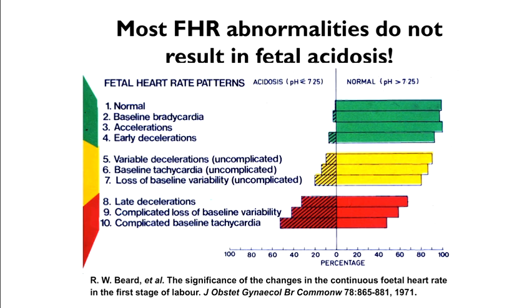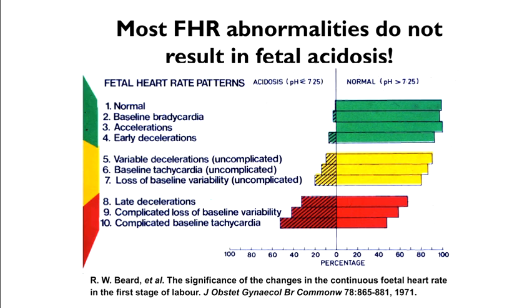This graph shows the association between the various fetal heart rate patterns from the mostly normal to the most significant ones in the red. You notice that some are in green, some are in yellow, some are in red, depending on their severity and how much associated they are with acidosis. Now remember the green, yellow, and red because we'll come back to that when we talk about ST segment and STAN.